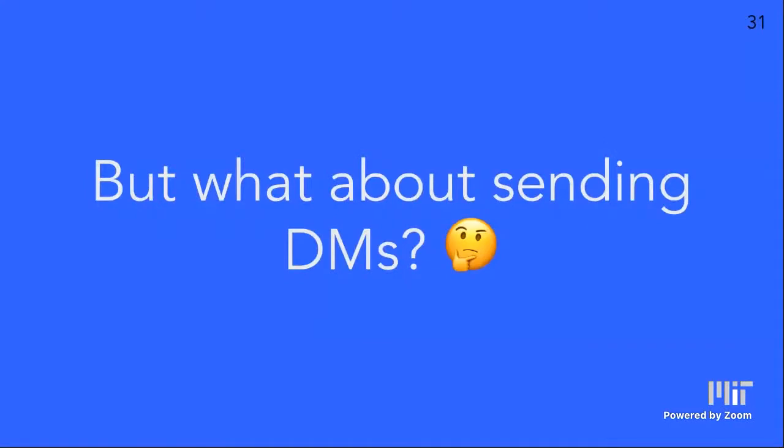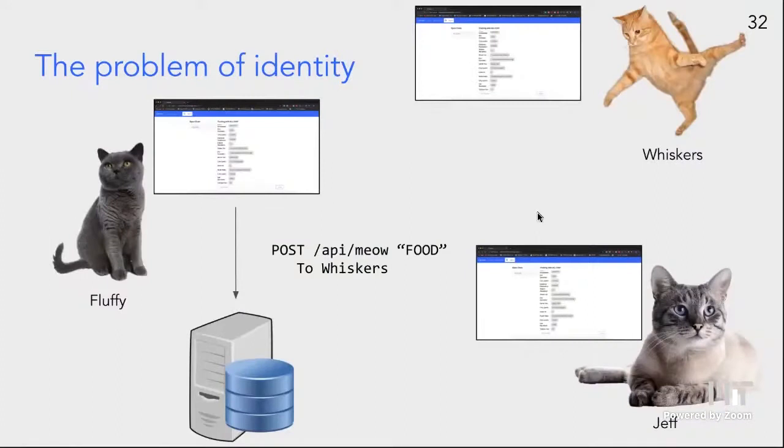But now let's think about what would happen if we tried to use this to create some DMs. The problem here really is that we don't know who is who. We don't actually have a good grasp on people's identities when we're using sockets. Really, when Fluffy posts to /api/meow, this time maybe saying food, because again, cats, and wants to send this just to Whiskers. It's a secret message that we don't want Jeff to see for some reason.